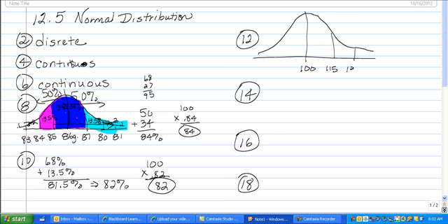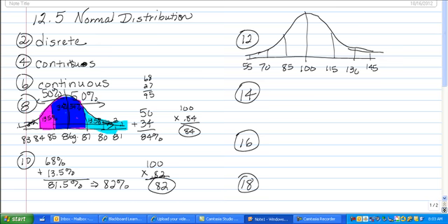So this would be 85, 70, and 55. Now we want to know greater than 115.